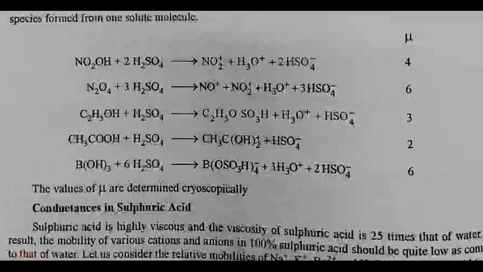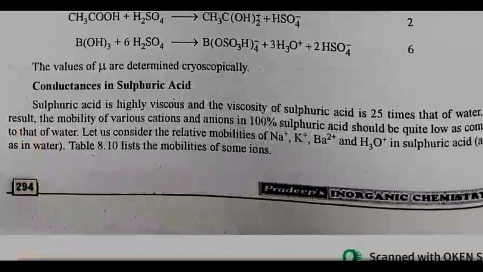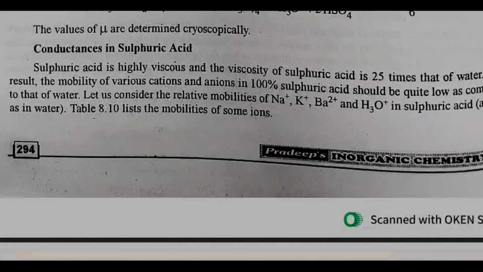NO2OH + 2H2SO4 = NO2+ + H3O+ + 2HSO4-, mu = 4. N2O4 + 3H2SO4 = NO+ + NO2+ + H3O+ + 3HSO4-, mu = 6. The values of mu are determined cryoscopically.